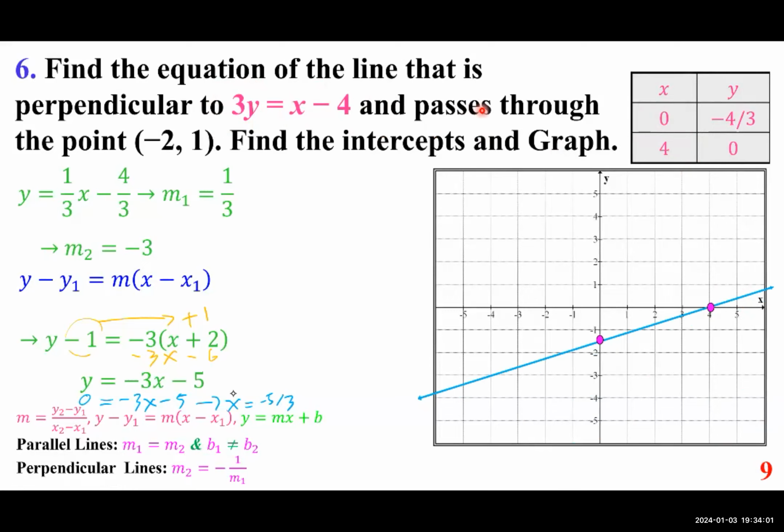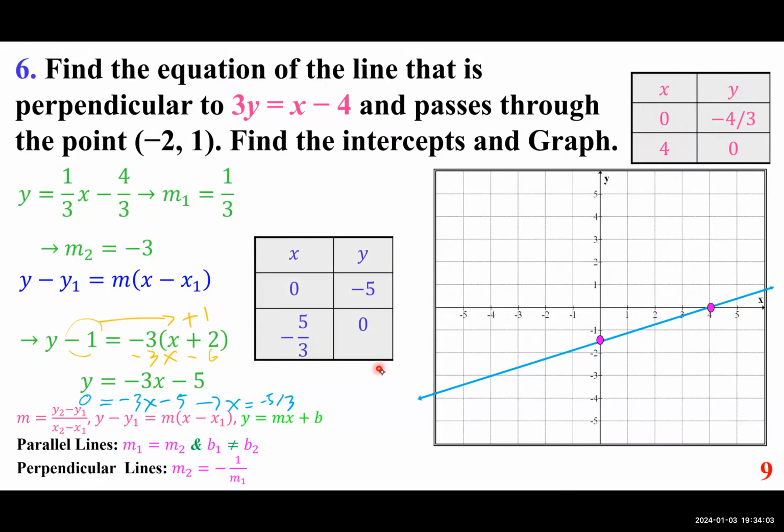And for this line, we have those pairs, everybody. So 0, negative 5 is here. Negative 5/3, that means negative 1 and 2/3. So here's negative 2, there's negative 1. It's between the two and closer to negative 2. And put them together. And here's the pair negative 2, comma 1 that was given.